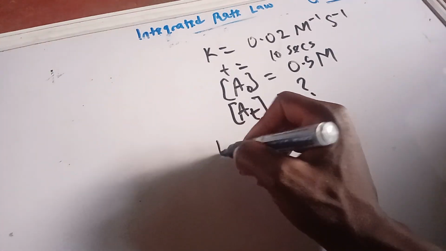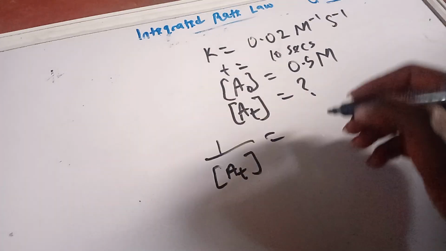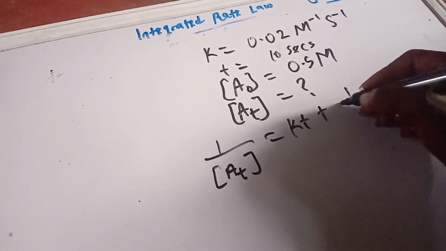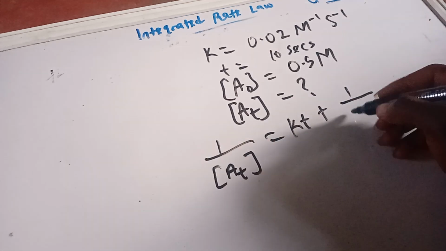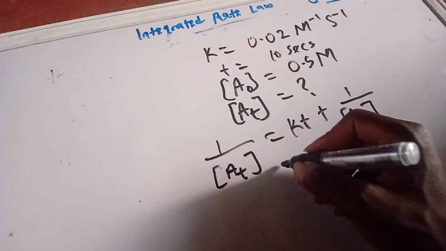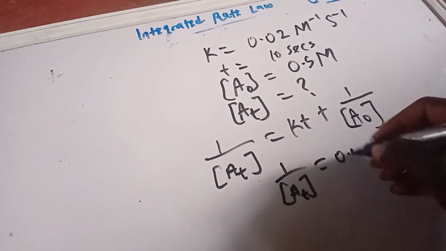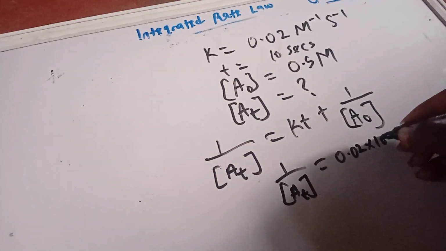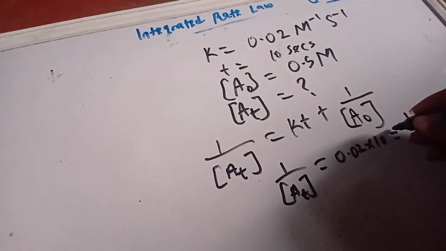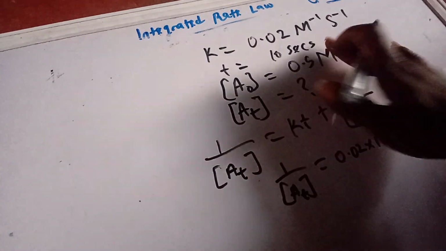So for second order, it's 1 over At equals kt, that one is positive, there's no negative there, plus 1 over the initial concentration. That's the formula. Right now here we have 1 over At equals what's our k, 0.02, what's our t, times 10, plus 1 over 0.5. Just input.